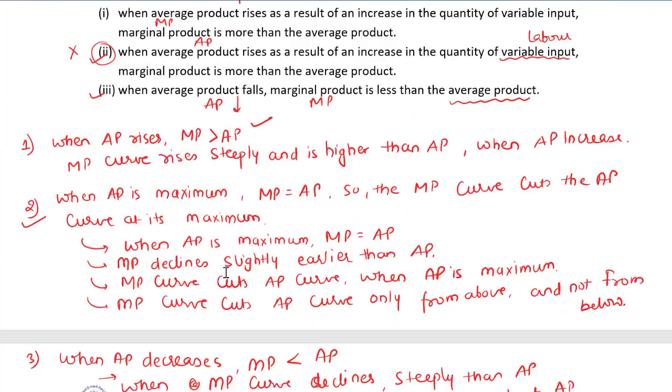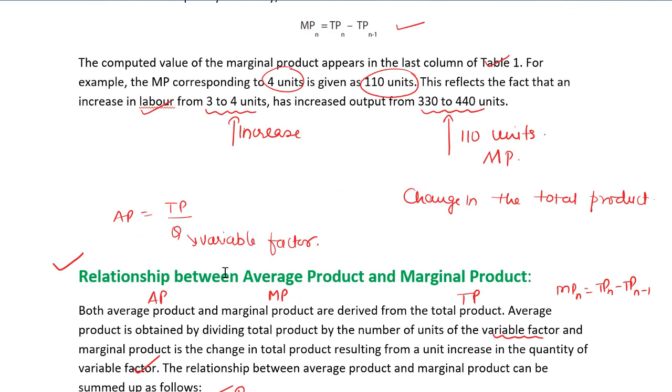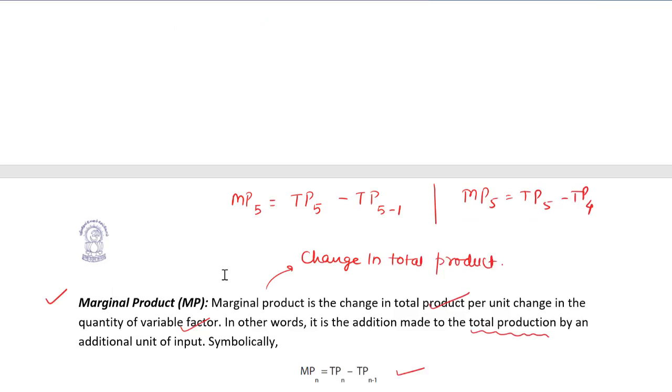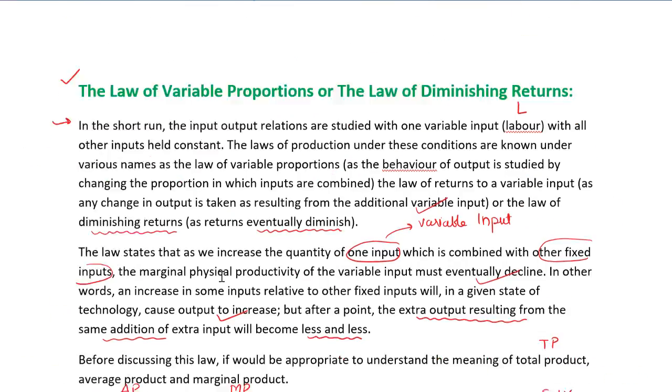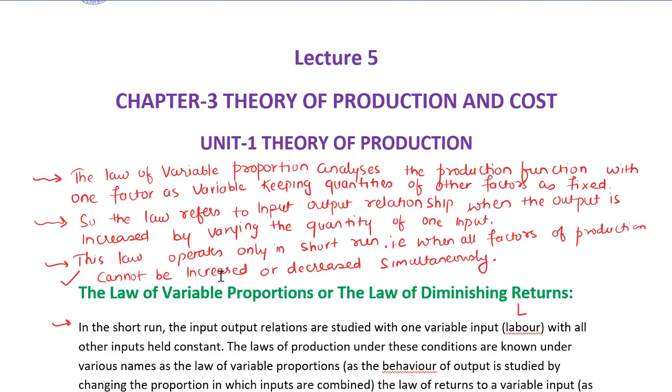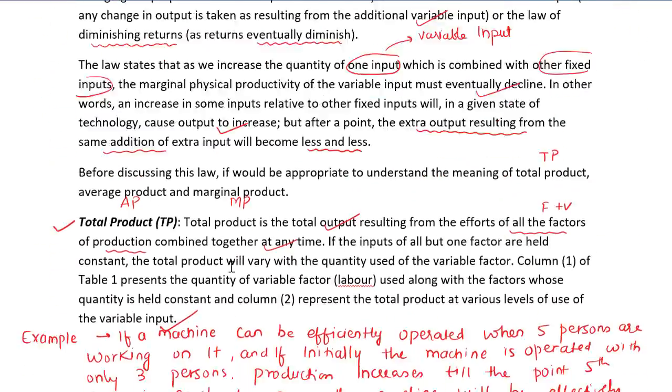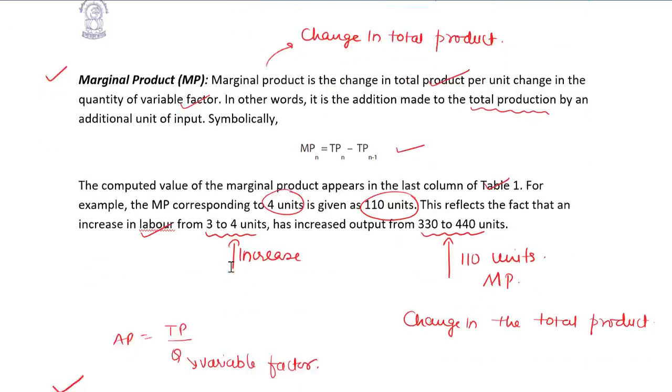And stage 3, law of negative returns. We have seen the relationship between average product and marginal product, and we have seen the meaning of marginal product, average product, and total product. So in toto, I can say that as a conclusion, we have concluded the law of variable proportions or law of diminishing returns in today's class.